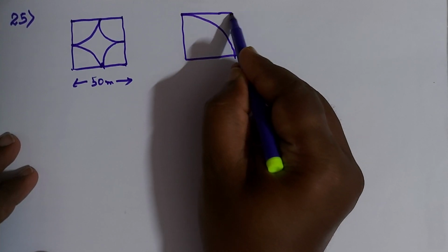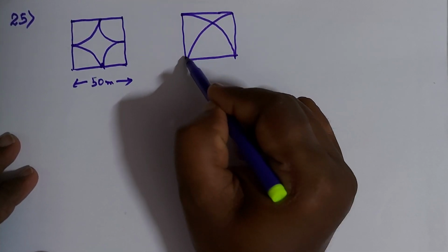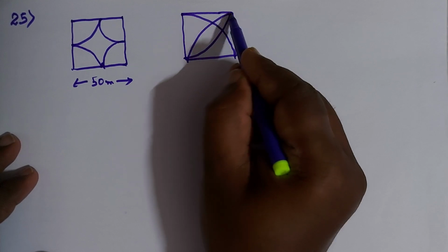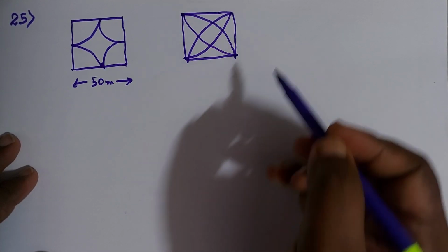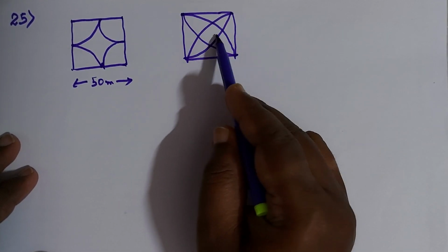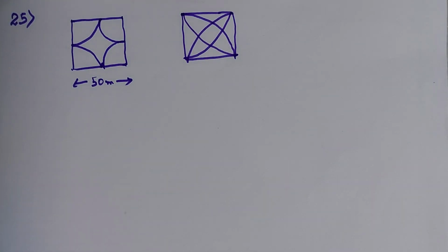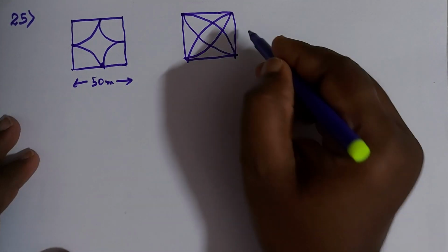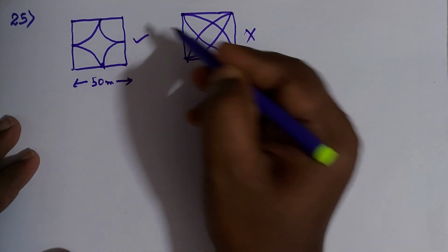For this cow this, for this cow this is, and for this cow this is. Then everybody's field is crossed by each other, so there will be very less unshared area. So this can't be, this is our right figure.